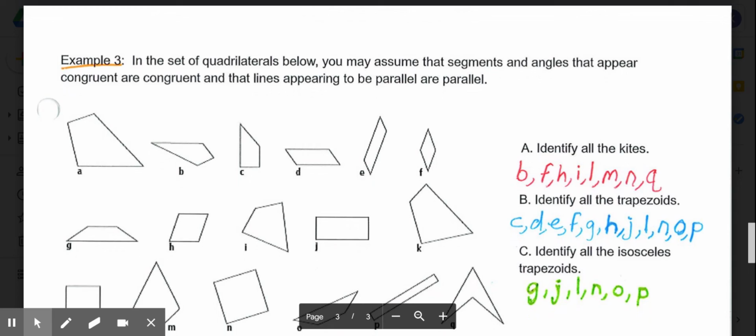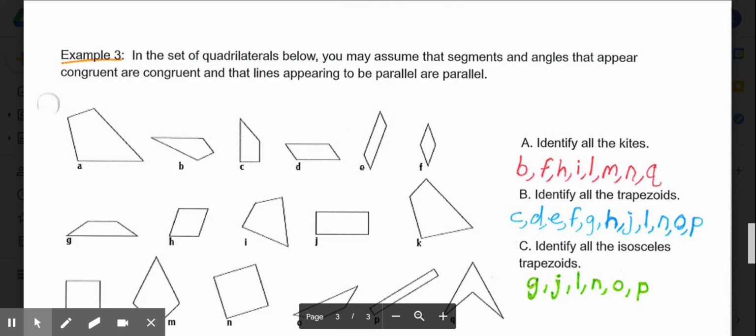Now, example 3 says, in the quadrilaterals below, the same set as before, we're making the same assumptions: angles that appear to be congruent are congruent, and lines that appear to be parallel are parallel.